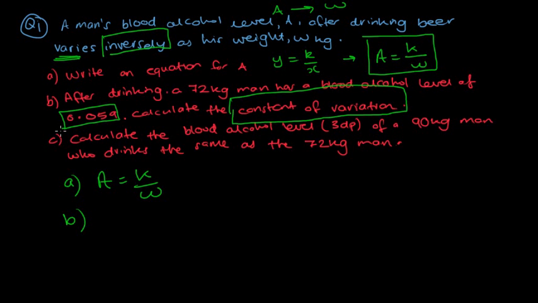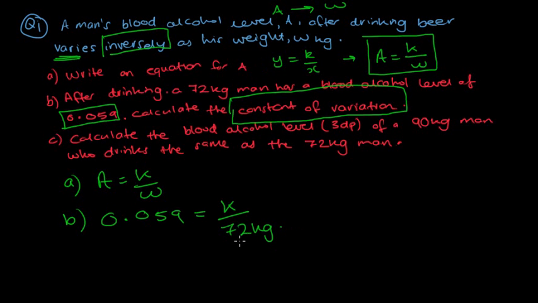Notice again they've tried to trick us because they've given us the 72 kilograms first. Had we not written that new formula A equals k over W, most people would put the 72 where the y is, or the A is, and that's obviously wrong. So A in this case stands for blood alcohol level, so that's 0.059 equals k over, and the weight is 72 kilograms.